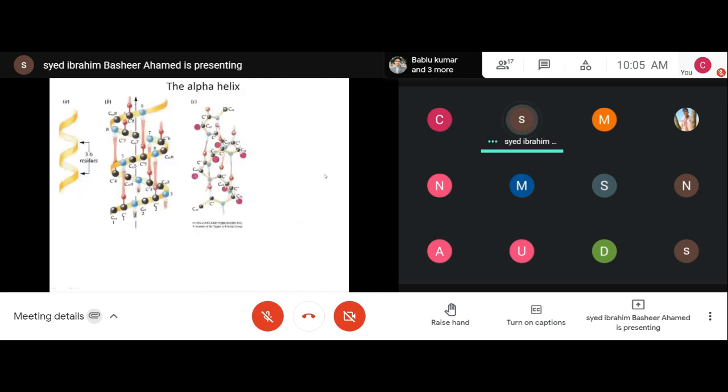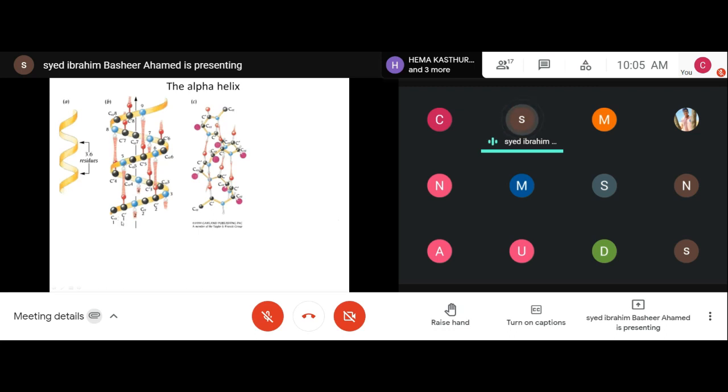So in the alpha helix, as I told you, there is hydrogen bonding between amino acids. Here the carboxyl oxygen of the first carbon, C prime, is making a hydrogen bond with the hydrogen of the fourth nitrogen.